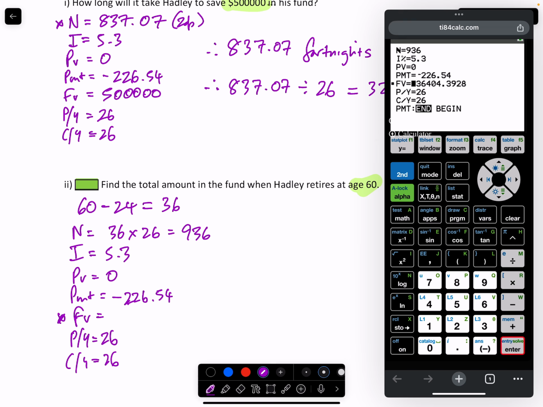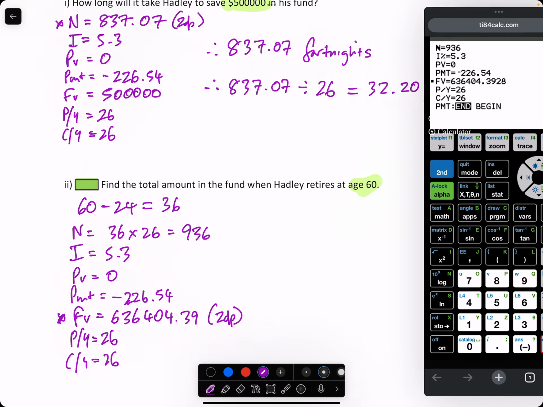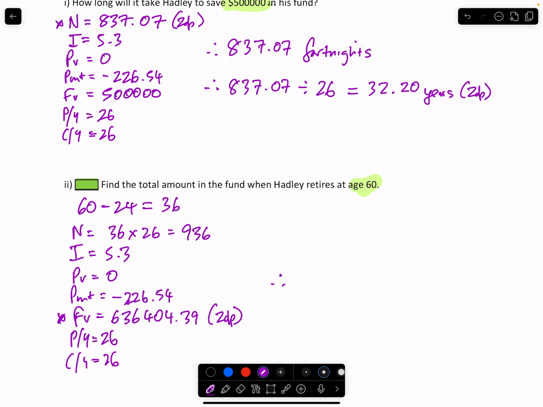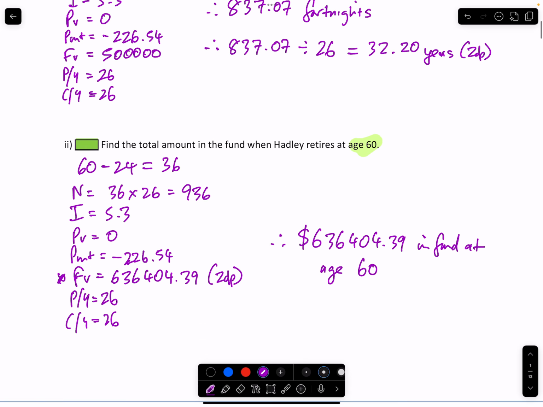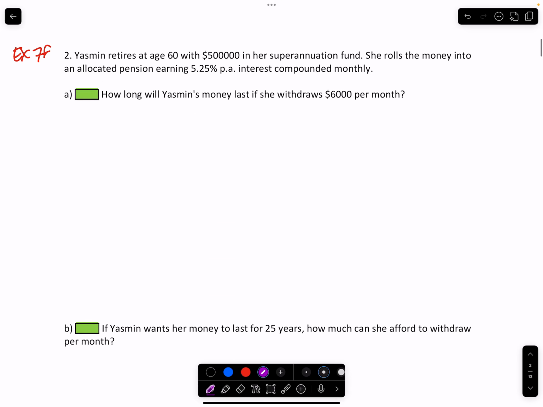That tells us he's going to end up with 636,404.39 to 2 decimal points. Therefore, $636,404.39 in fund at age of 60. That is question 1. A, B1, B2, done.